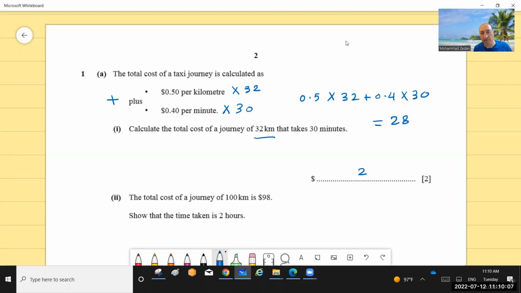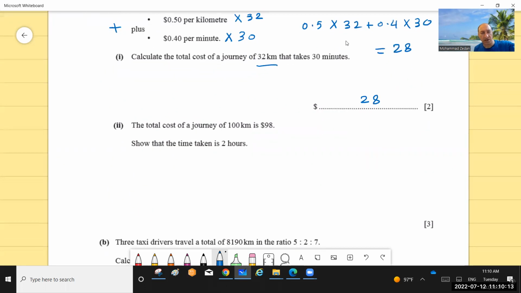$28. Okay, the total cost of a journey of 100 kilometers is $98. Show that the time taken is 2 hours. Simply, you have the distance in kilometers, 0.5 times 100, plus 0.4, the cost per minute, times the number of minutes, which I don't know, gives you $98.